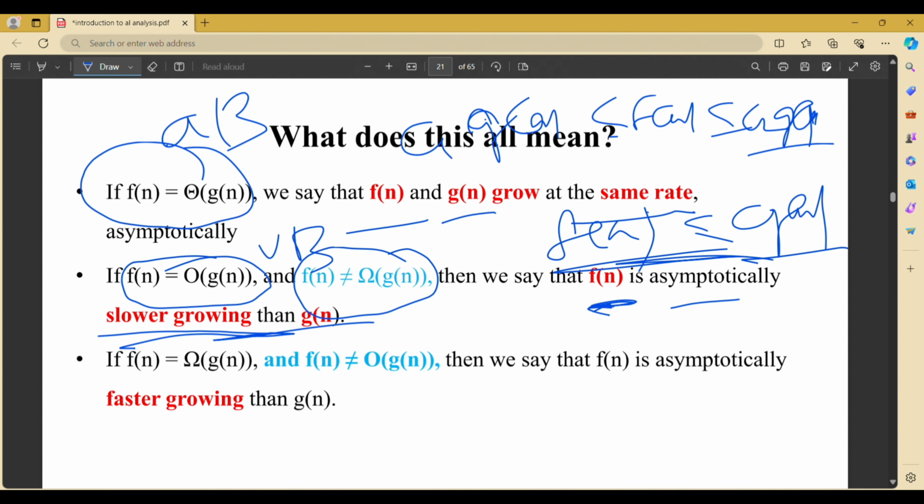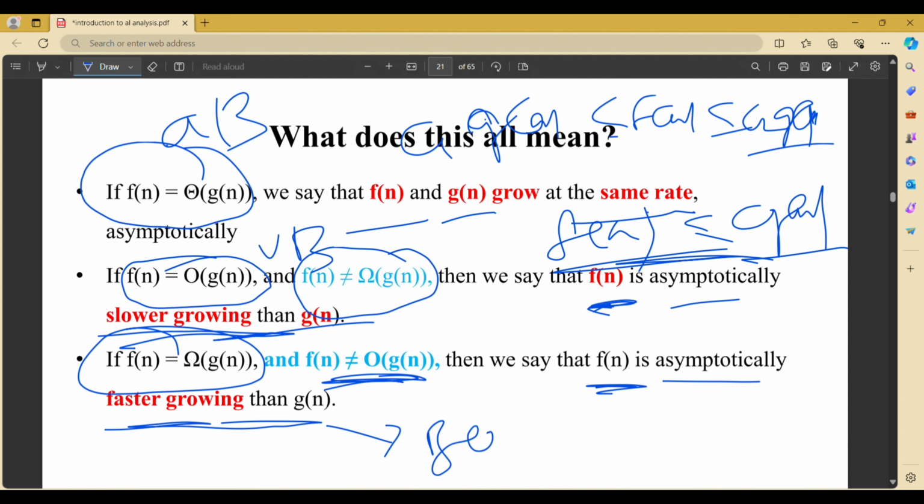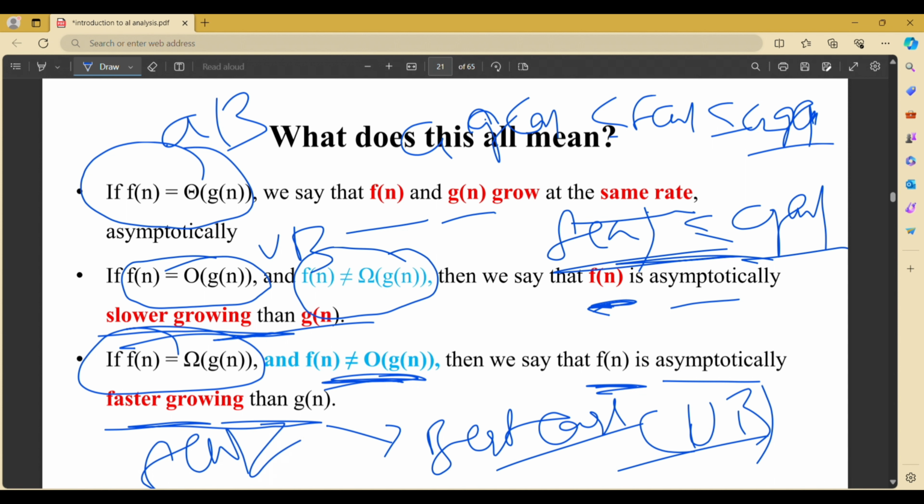So when you look at this, f of n equal to big omega of g of n and not big O of g of n. Observe this definition carefully. F of n is asymptotically faster growing than g of n, because it is used in the best case scenario and also in lower bound conditions. So we can write f of n greater than or equal to c into g of n.